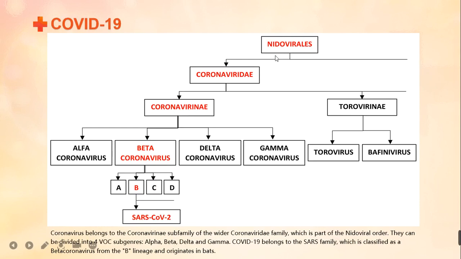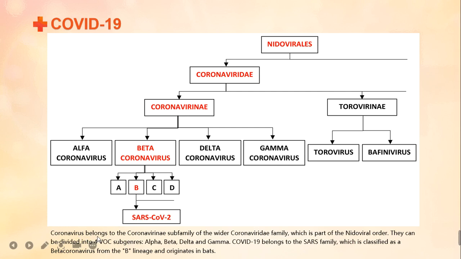And this is the classification of COVID-19. Nidovirales is the order, Coronaviridae is the family, this is the subfamily Coronavirinae, and this is the genus. This coronavirus is in the beta coronavirus group, and here you can see SARS-CoV-2.